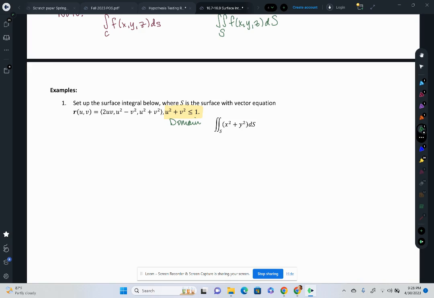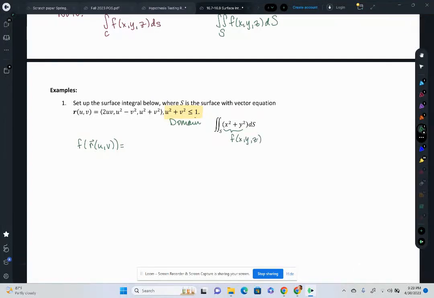Okay, so we have our x component, y component, z component. We have to remember, if we're asked for a surface integral, what we need to find is a few things. First of all, we have to identify f of r of u, v, because that's going to be our integrand. x squared plus y squared is our f of x, y, z.